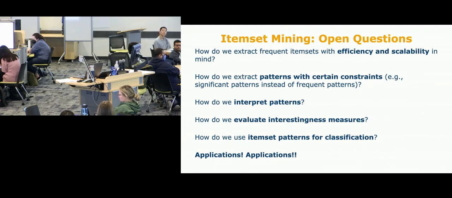And how do we use item set patterns for classification? I gave some ways to do that, how to blend the different features into some kind of classifier, or how to use simple association rules to do classification. But there could be more possibilities there. And again, there are lots of applications: text and grocery stores and any kind of discrete items are examples that I gave, but there are many more.